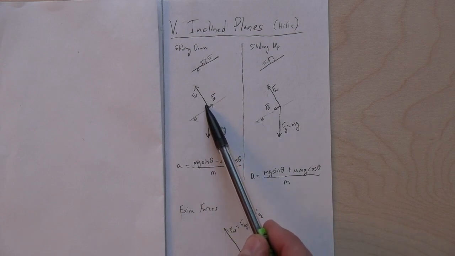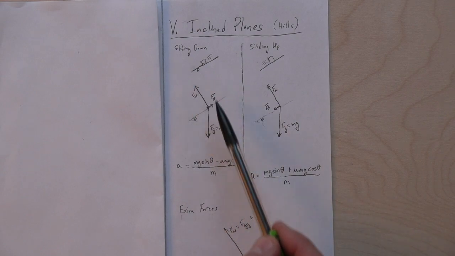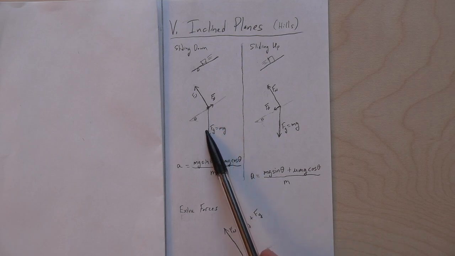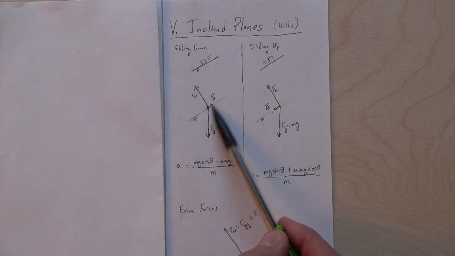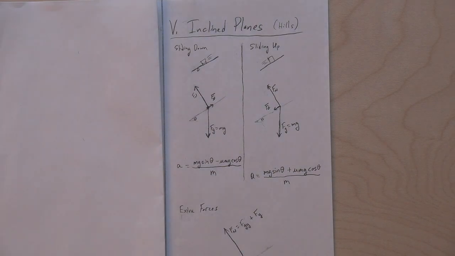The normal force is perpendicular to the hill, normal, perpendicular, preventing the sledder or whatever is on the hill from breaking through the ground surface or the ice or whatever. And then, of course, nothing or very few things are perfectly frictionless. So there is friction even though we're dealing with snow or even ice. Those are the 3 forces.